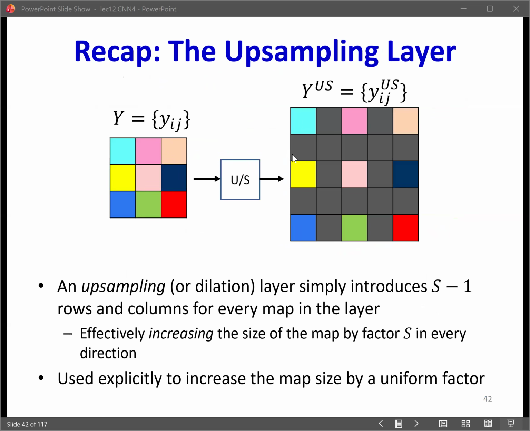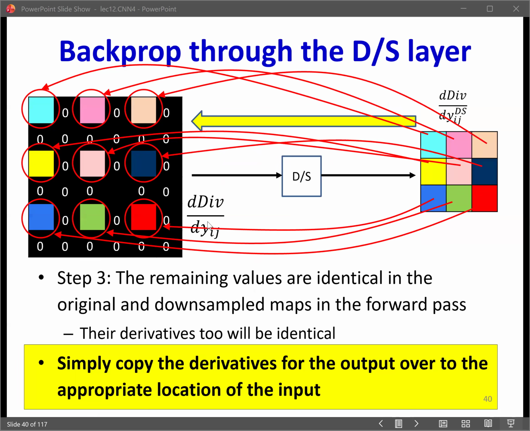What about the upsampling layer? In the upsampling layer, we introduced S-1 rows and S-1 columns of zeros between adjacent elements, right? Okay, so Bruno, you say not exactly. You're right, but can you tell me why it's not exactly?